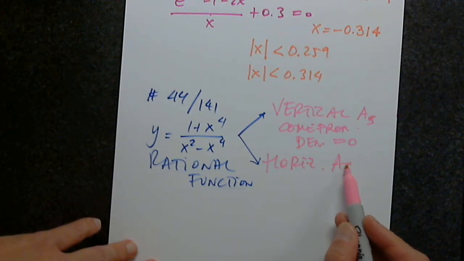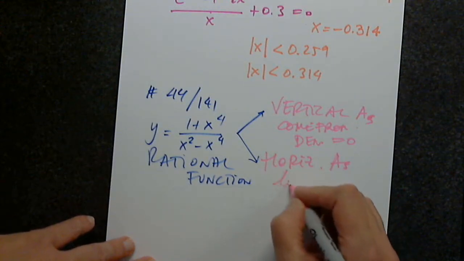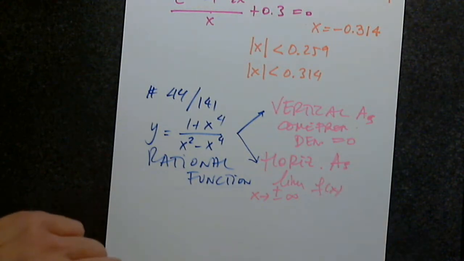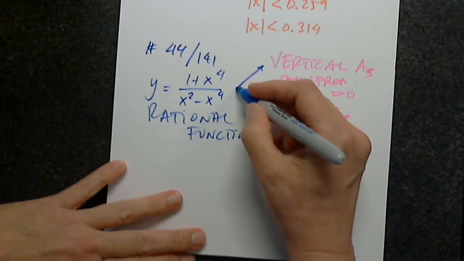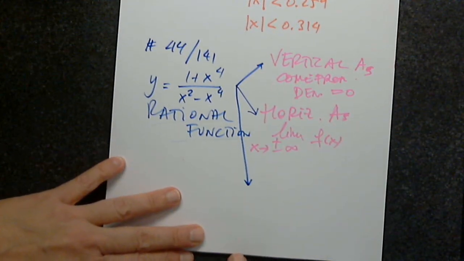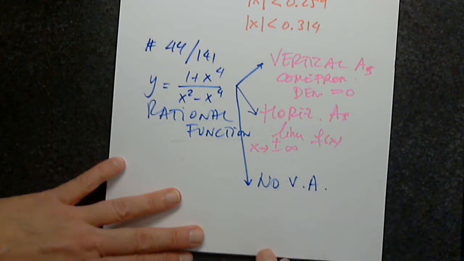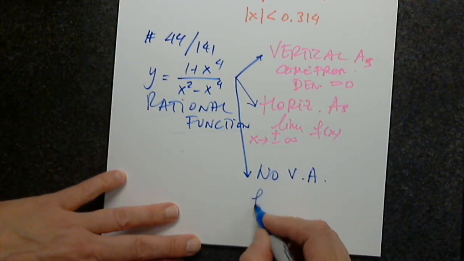I shouldn't even put plural because it's only one. They come from limit at positive and negative infinity. As x approaches positive or negative infinity of f of x. So there are two different situations. There is a third one that I like to talk about right here. The third one is no vertical asymptote. Here's a situation with no vertical asymptote.